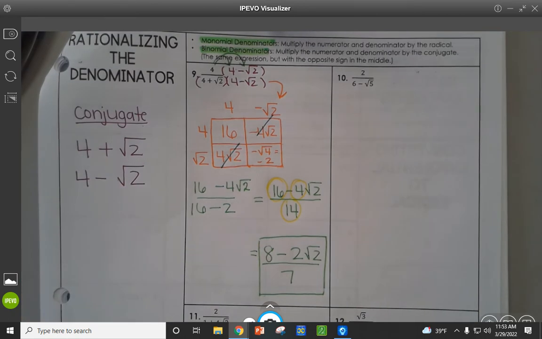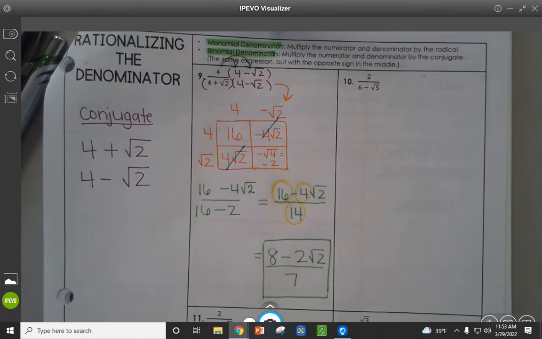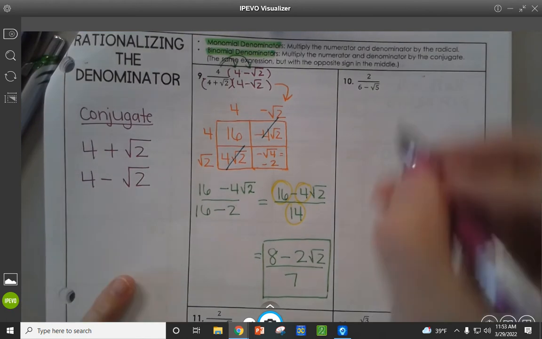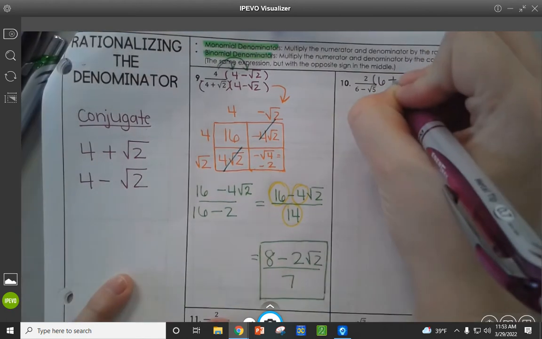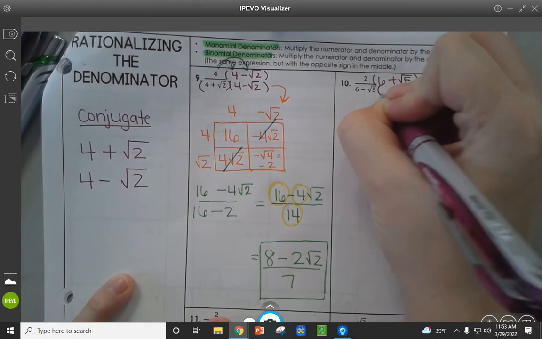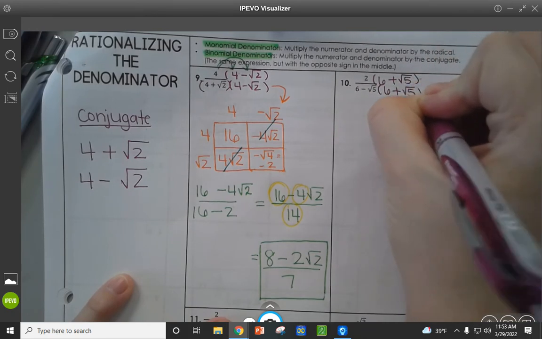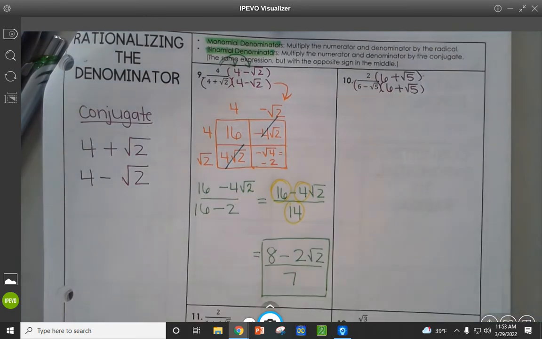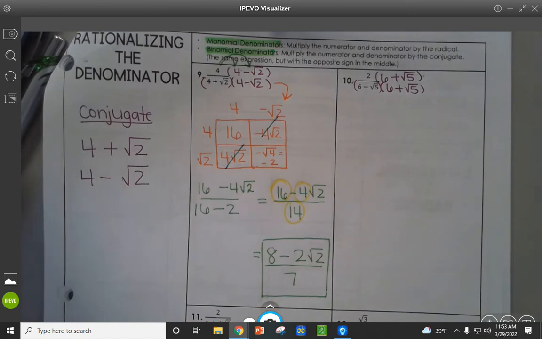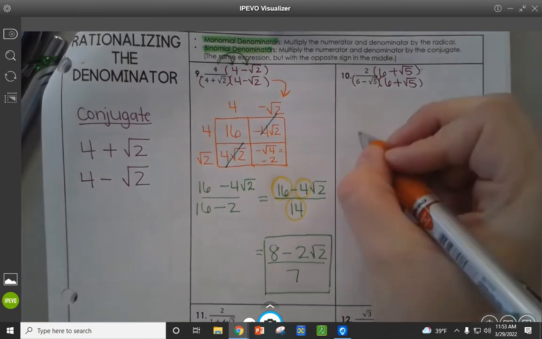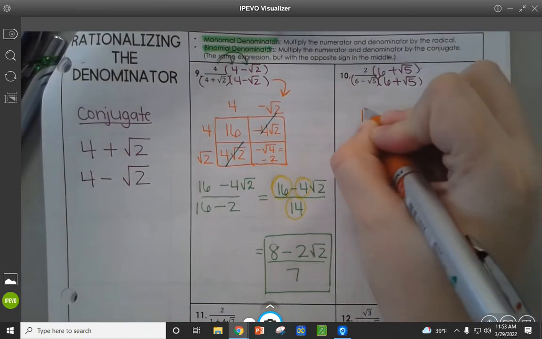Number 10. What do I need to multiply the numerator and denominator by? 6 plus the square root of 5. So I'm going to go ahead and do that bottom.